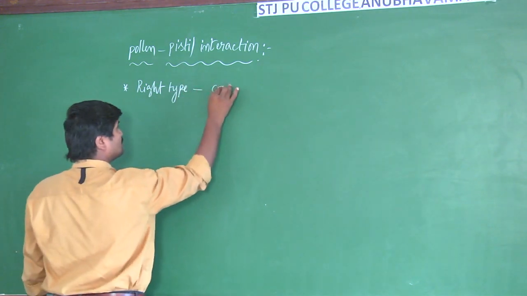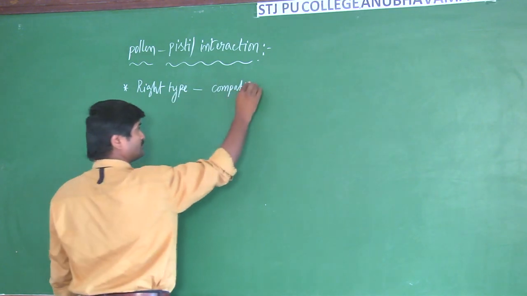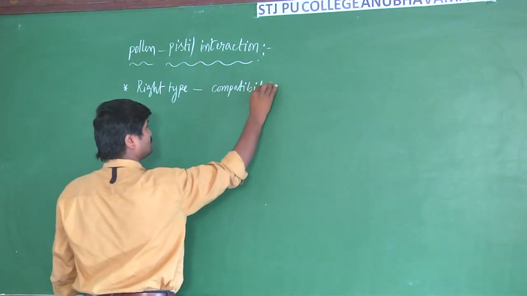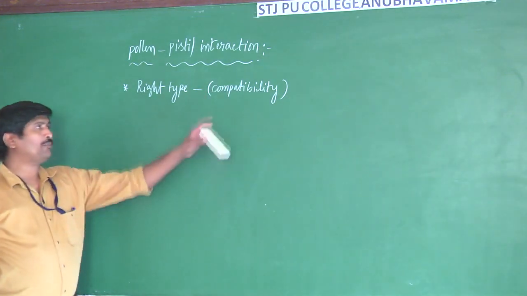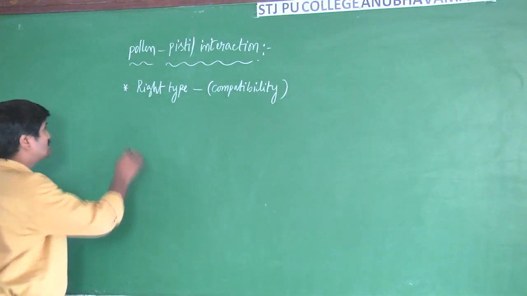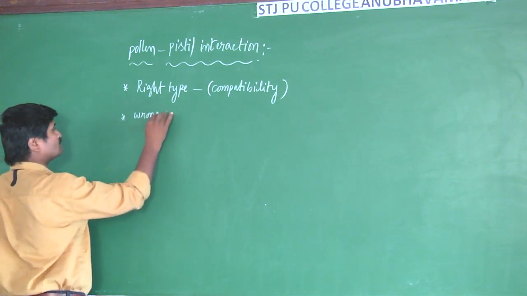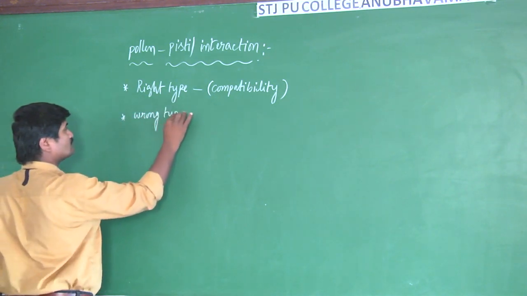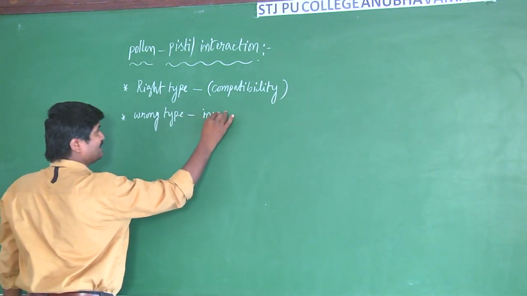is compatibility. Compatible pollen grains are the right type. Wrong type pollen grains means incompatibility.